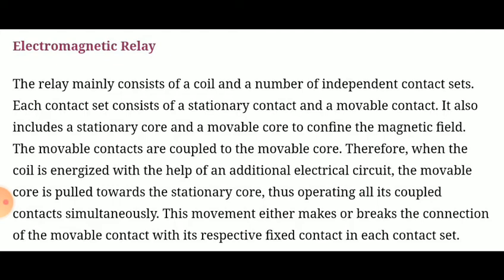Therefore, when the coil is energized with the help of an additional electrical circuit, the movable core is pulled towards the stationary core, thus operating all its coupled contacts simultaneously. This movement either makes or breaks the connection of the movable contact with its respective fixed contact in each contact set.